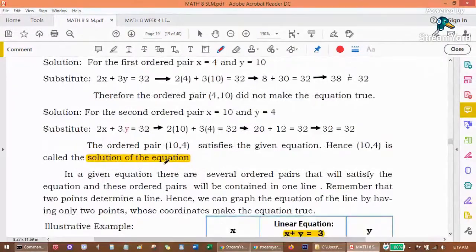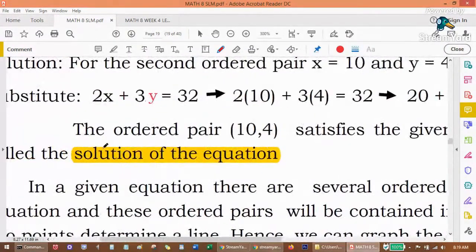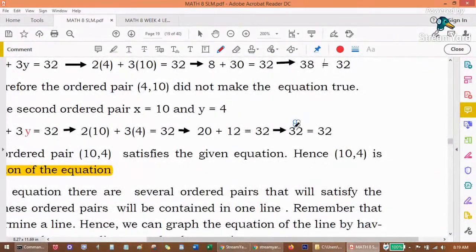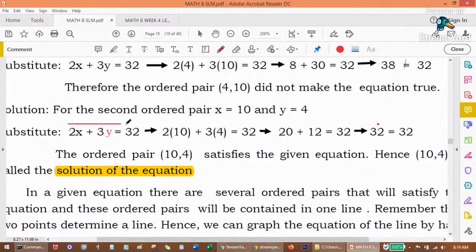Pero madalas, most of the time, kapag meron kang ordered pair and then sinubstitute mo sa isang linear equation, and then nag-equal yung left at saka yung right, that is a solution of the equation.